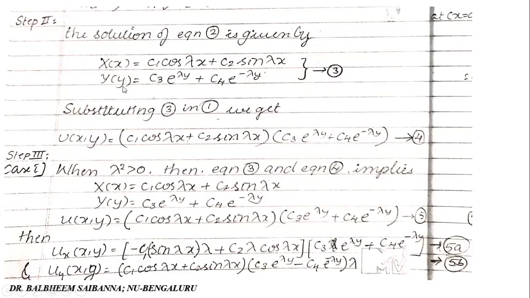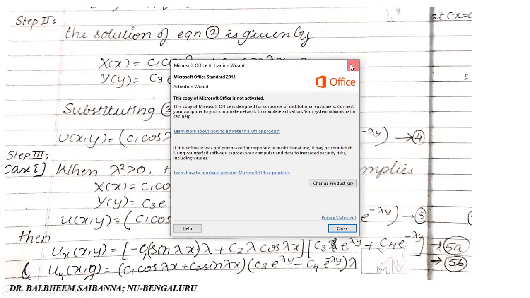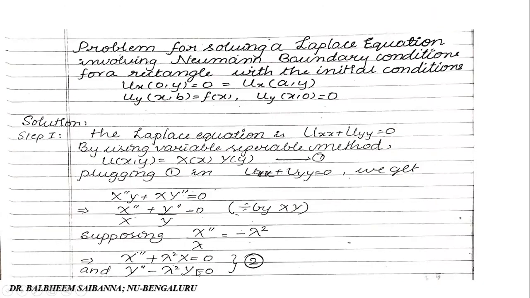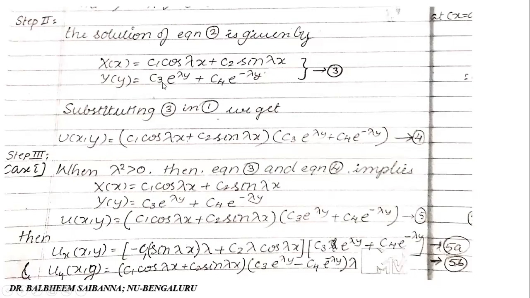And the second one: D square minus 1 is equal to 0. Then D square is equal to 1, D is equal to plus or minus 1. Then the solution of 2b we can write in this form: Y of y is equal to c3 e to the power of lambda y plus c4 e to the power of minus lambda y.